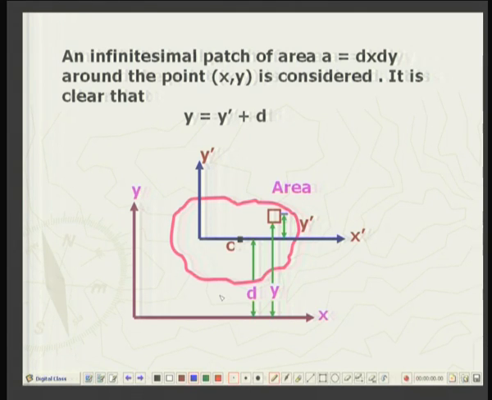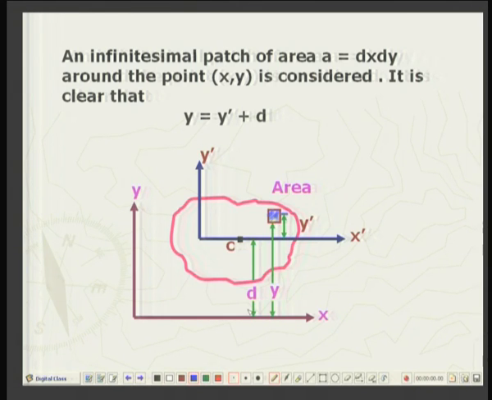So, for this purpose we will consider a small area as shown over here, and its dimensions are dx and dy. This area is at a height y along the y axis from the x axis and y dash from the x dash axis. So, from the figure it is easy to see that y is equal to y dash plus the normal distance between the two axes, namely d.